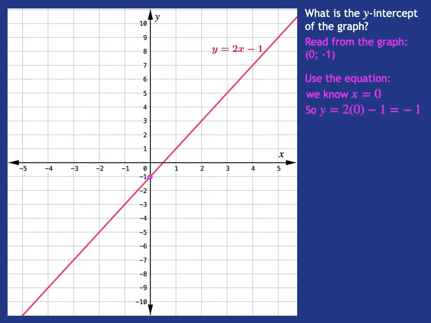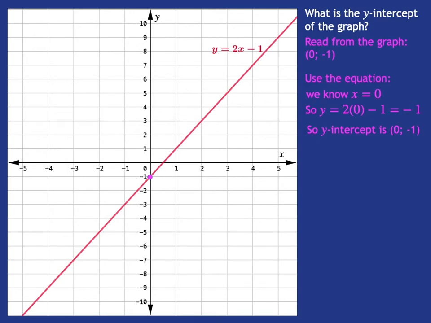And so we can substitute 0 into that equation, and we'll work it out. 2 times 0 is 0, subtract 1, and we get our answer of -1. And so we've got the same thing we got, obviously, from reading it off the graph, that the y-intercept has an x value of 0 and a y value of -1. It's that point, (0, -1).